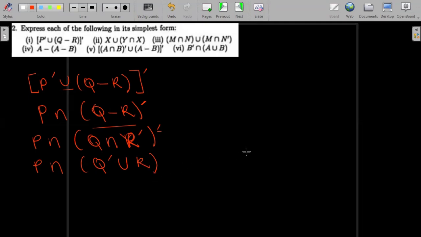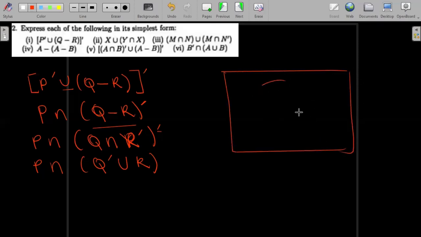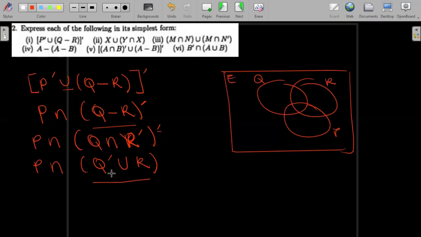And picture this in a Venn diagram. You have 3 sets. Let's say we have our P to be here, and we have our Q, and we have our R there, and our universal set. So inside here, you have P intersect Q complement union R. So what is your Q complement?